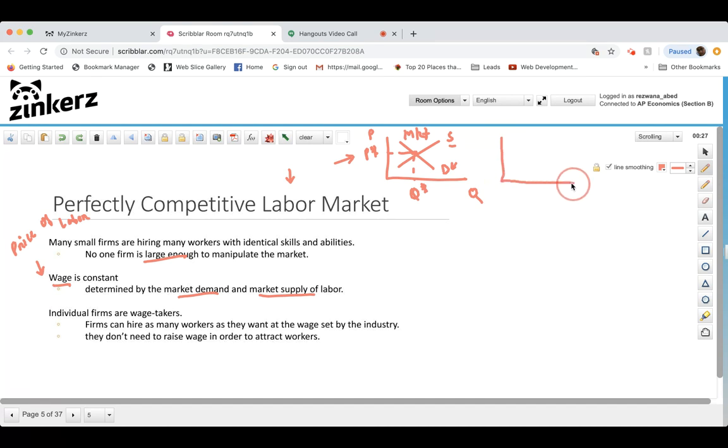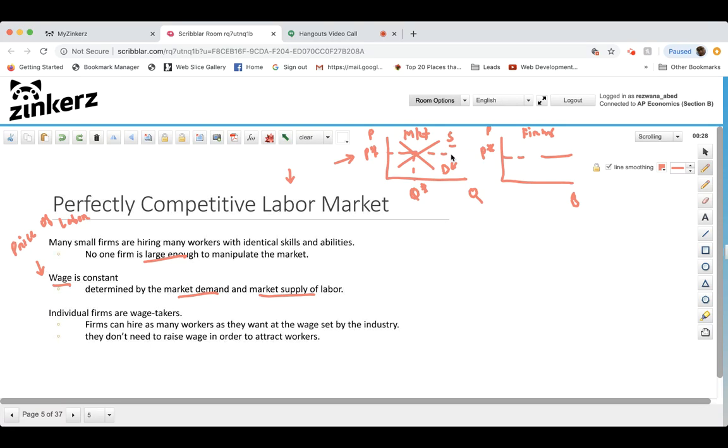This was the market price that was determined by the market, sort of a set price, and individual farms in a perfectly competitive product market sort of had to take this price as given, right?